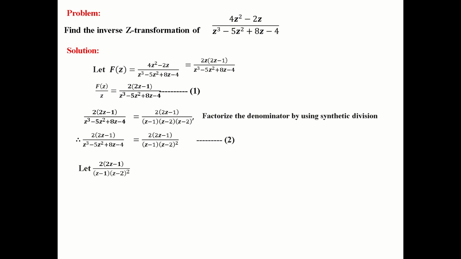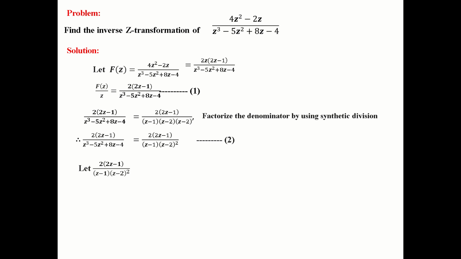Adding these two, 9 minus 9 you will get 0, then −1 is the factor. Then you can do the synthetic division: write the coefficients, put −1, then put 0 and do the synthetic division. It is a familiar one.